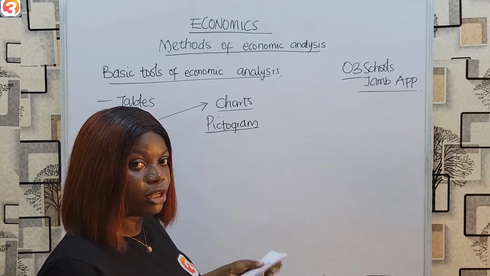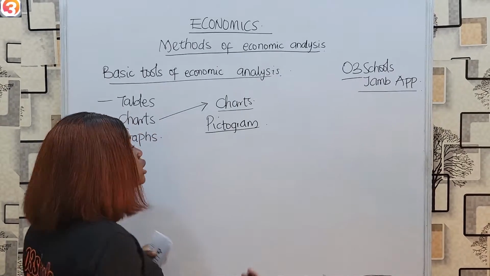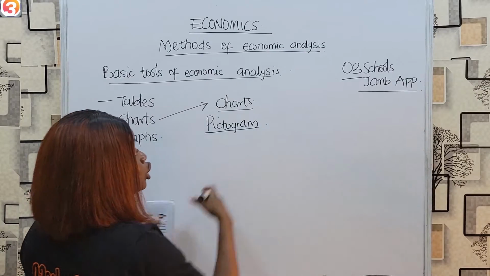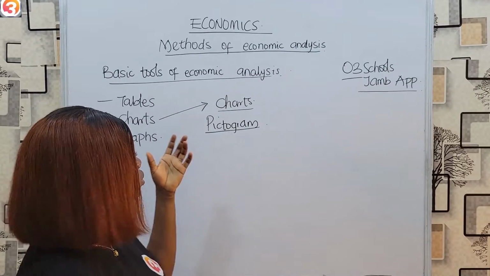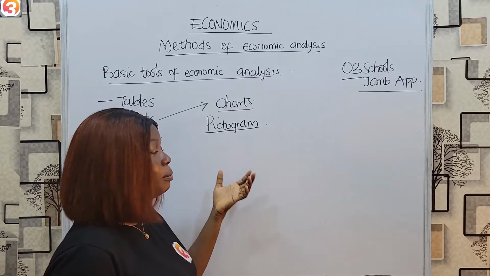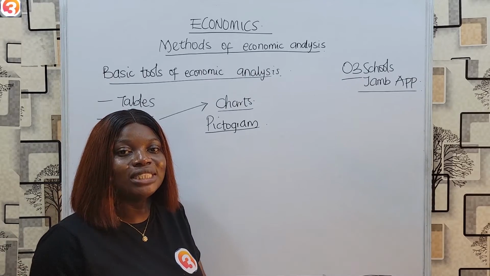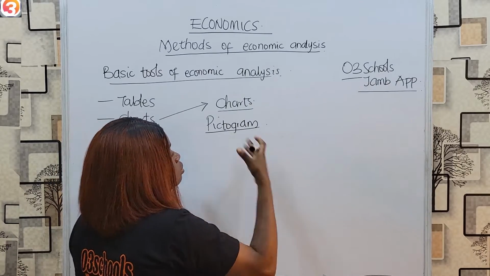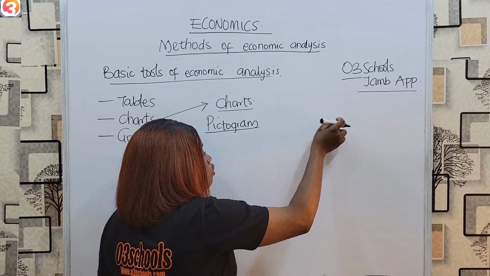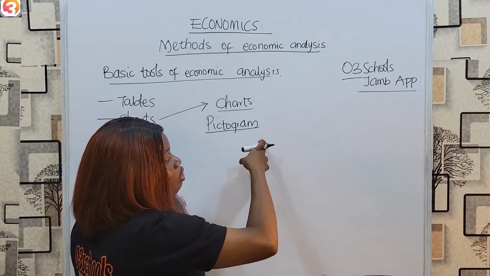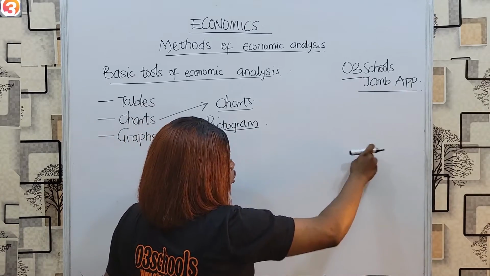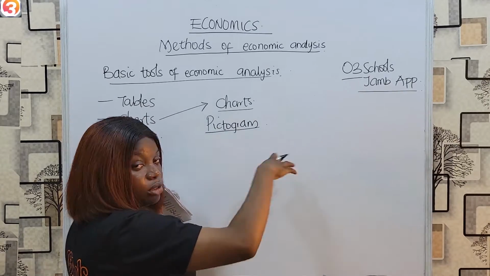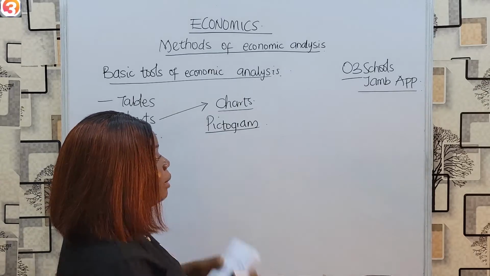I would have drawn, but forgive my skill of drawing, as it is not so good. But just know that a pictogram is a chart whereby pictures are used to represent given data. For example, if we're talking about 4 apples in pictogram, you're going to see a picture of 4 apples. If we're talking about 4 oranges, we're going to see a picture of 4 oranges. If we're talking about 4 pineapples, we're going to see a picture of 4 pineapples.